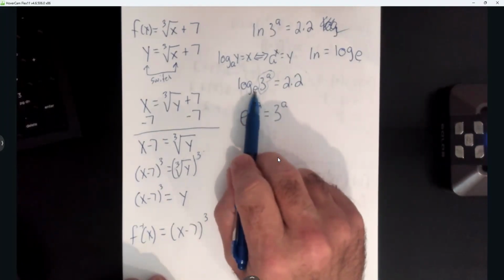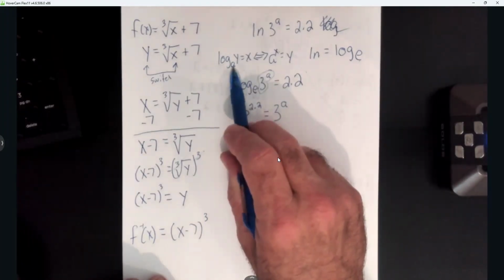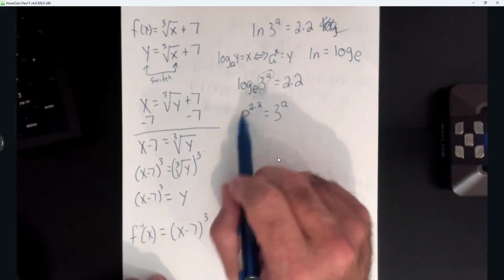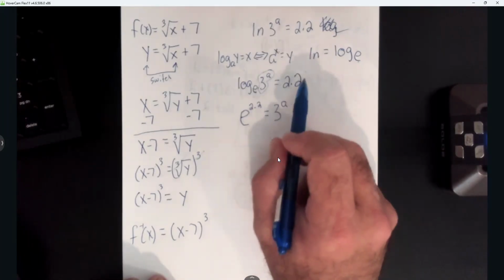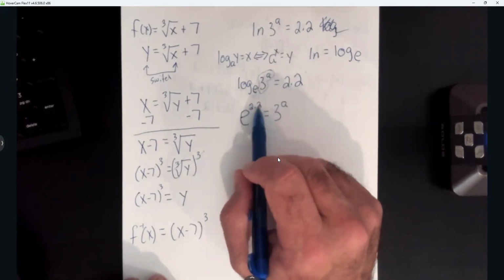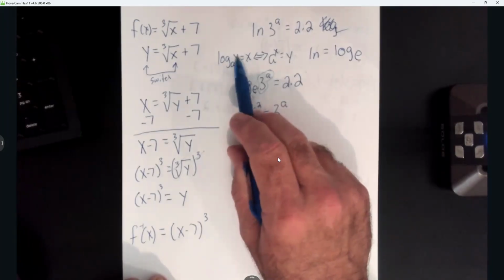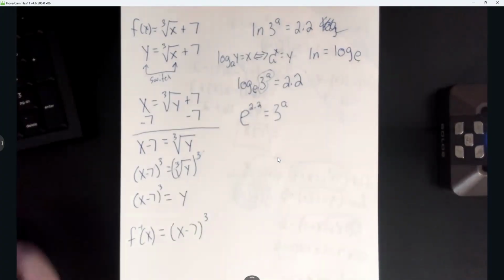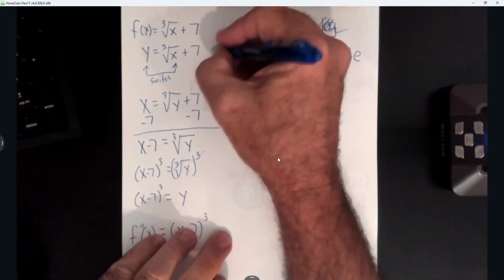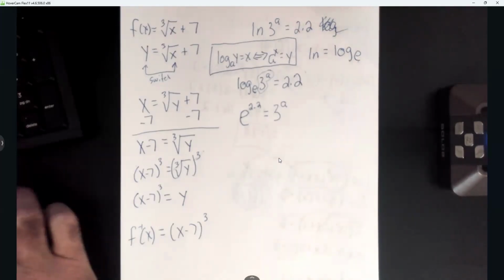Okay, so remember, your base of the logarithm is the same as the base of the log, which was E. The exponent is equal to X, which is the exponent of the log, 2.2, and that equals Y, and Y was the number after the log. Okay? So y'all keep this conversion because that's what I'm doing on those every time, okay?